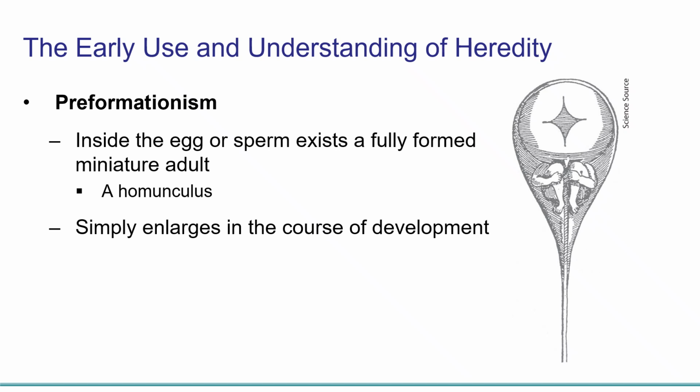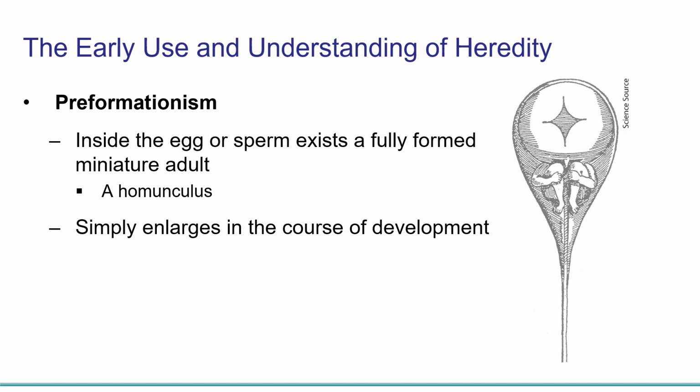So what this would mean is that in either the sperm or the egg, the little tiny individual is already there. So what this is saying is that the individual does not come from a fertilized sperm and egg that has then divided, which is what we know now. Basically, that they're already contained in there, and basically just enlarge until they are a baby, until they are born.